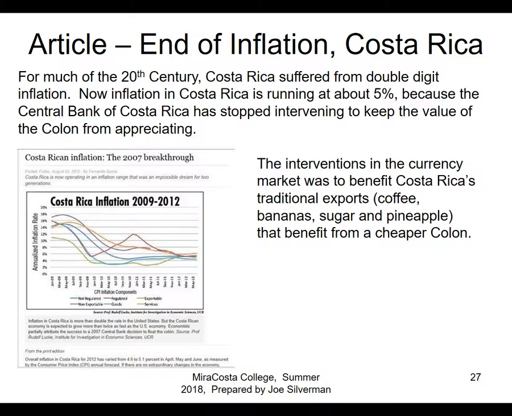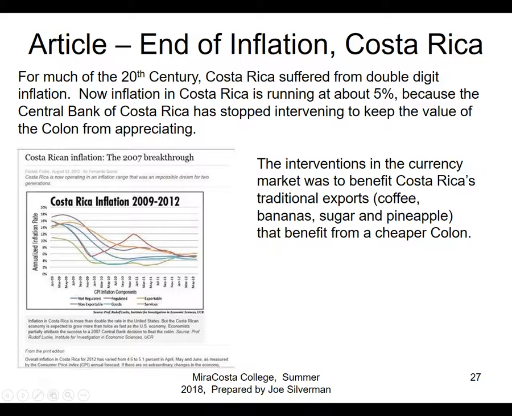This is an article from the Tico Times, which is an English language newspaper in Costa Rica, and it was talking about the end of inflation in Costa Rica. So inflation used to run at double digits, and then starting around 2007 or so, inflation really started to decline.